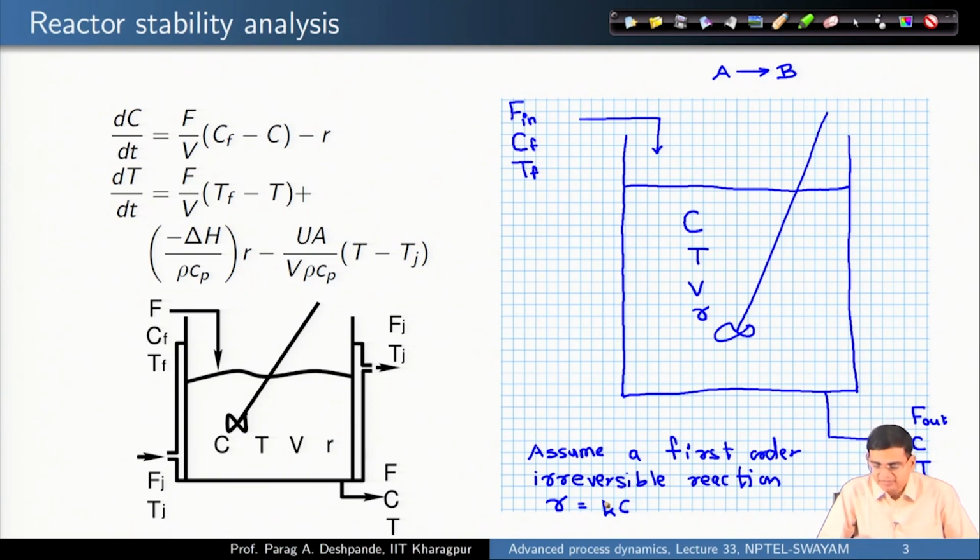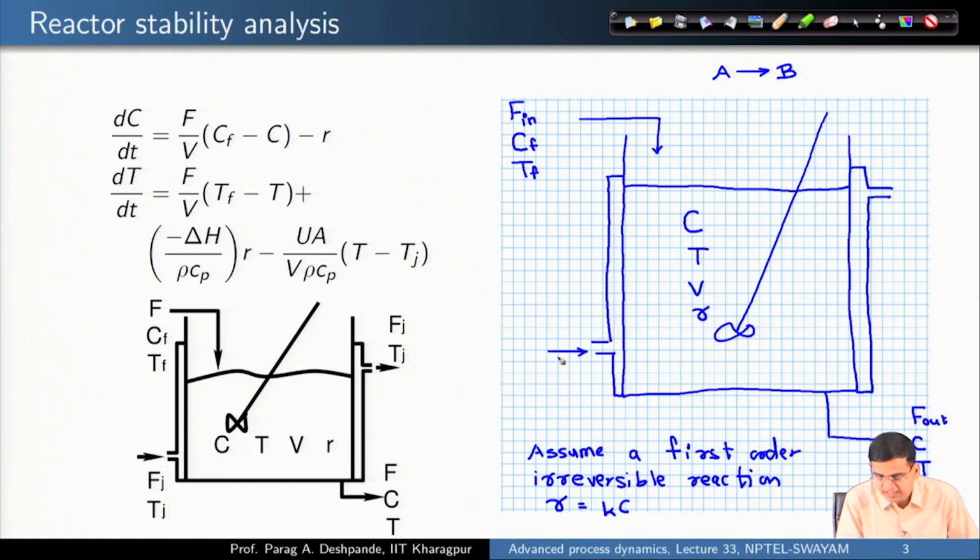So, what can be a possible arrangement in which you would be in a position to take out the heat from the system? I will put a jacket around my reactor. So, let us say that I have a jacket and there would be a stream of the cooling fluid which would be going continuously in and it would be coming continuously out.